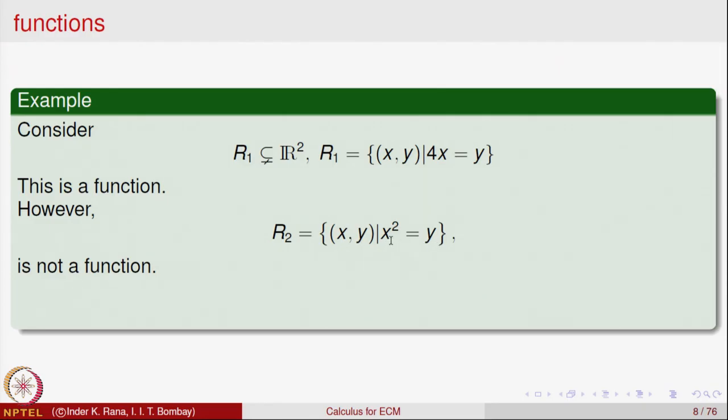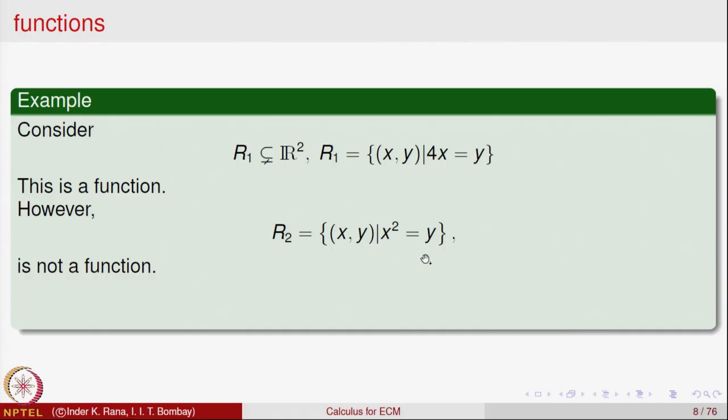So, let us say x square is equal to y 1. Is it possible that the same x square is also equal to some y 2? Let us just look at this slightly more carefully.